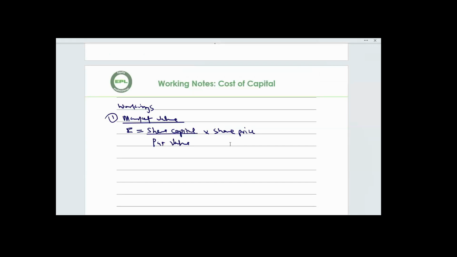To get the price earning ratio, usually you say price earning ratio is equal to share price divided by earnings per share. This is the formula for calculating price earning ratio.